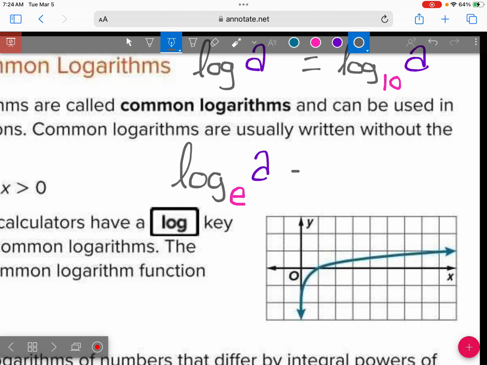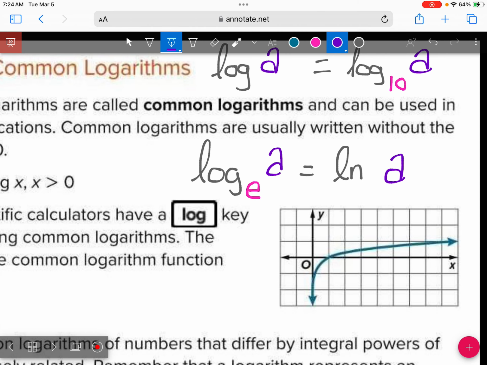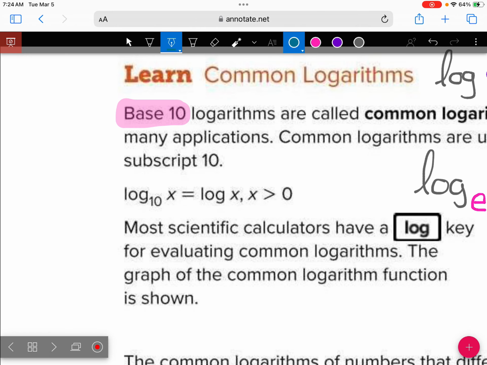There's another button in the calculator that's for that. It's called LN. And this is called the natural log. It does not feel natural, but it is.